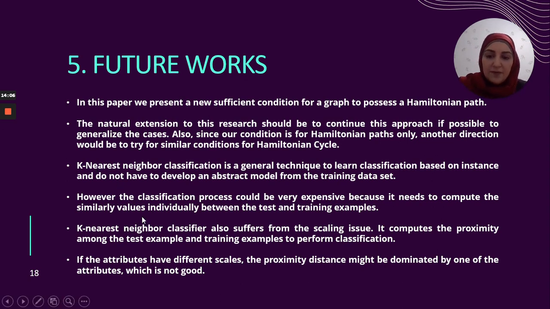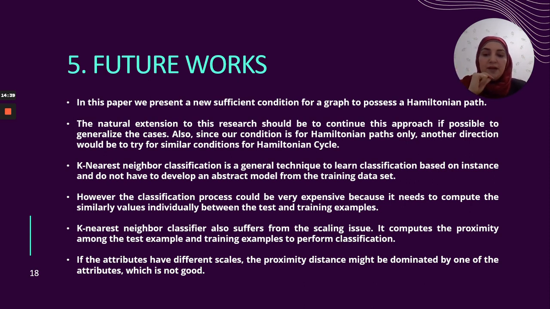K-nearest neighbor classification is a general technique to learn classification based on instances, and it doesn't have to develop an abstract model from the training data set. However, the classification process could be very expensive because it needs to compute the similarity values individually between the test and training examples.